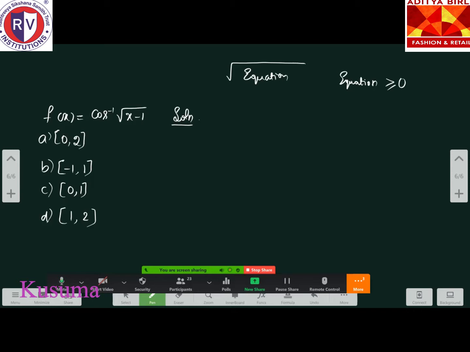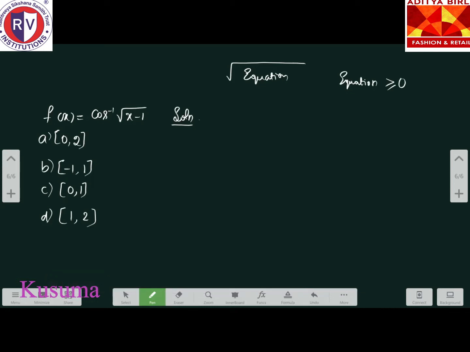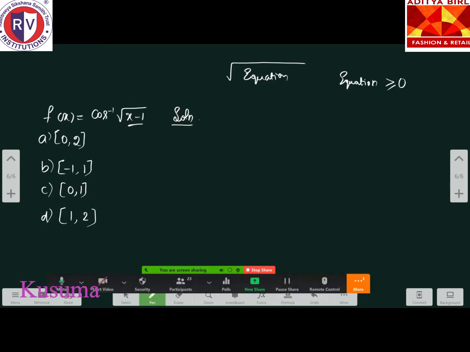So here also, for cos inverse of root of x minus 1, this x minus 1 must be greater than or equal to 0.